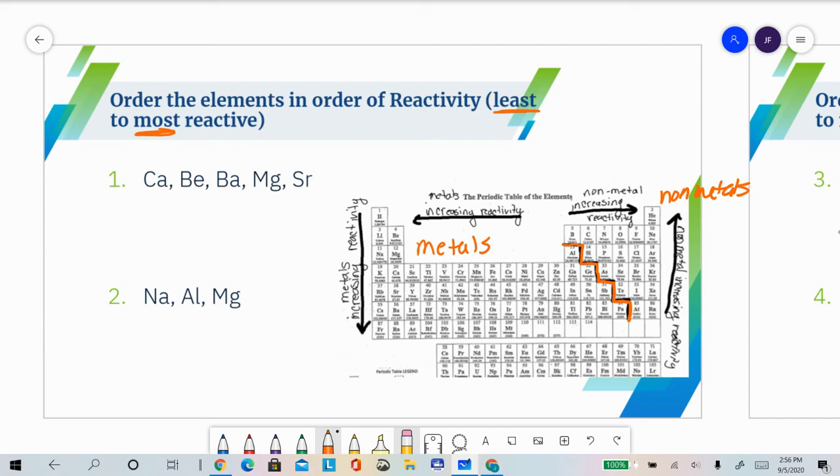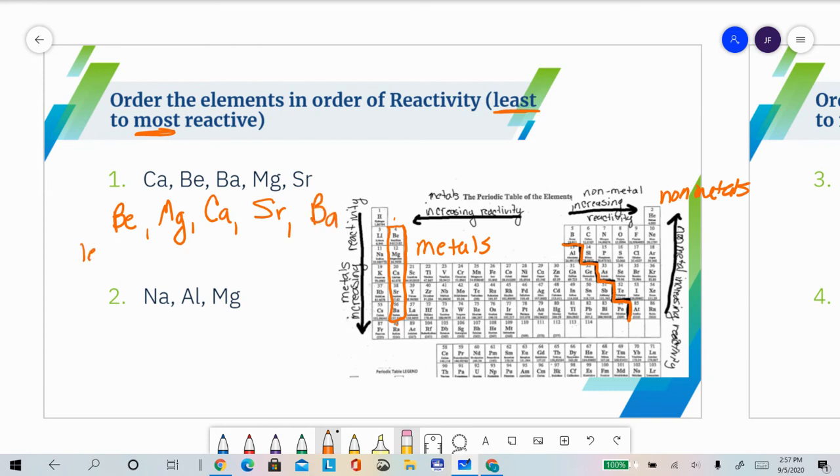Calcium, beryllium, barium, magnesium, strontium, those are all in this column, so they are metals. And so the trend is least reactive on top, most reactive on bottom. So we're going to say beryllium is least reactive, then magnesium, then calcium, strontium, and finally barium.